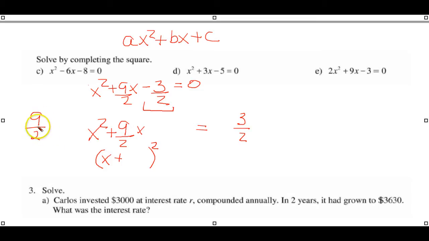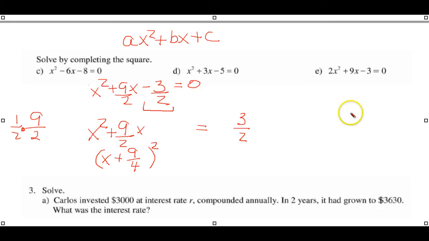So I have to take half of that. So this down here now becomes 9/4. I'm taking half of this, so if I took this and doubled it, I'd get this.